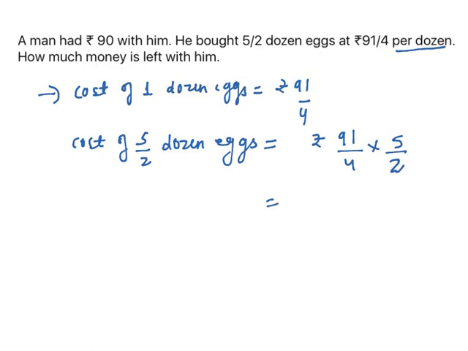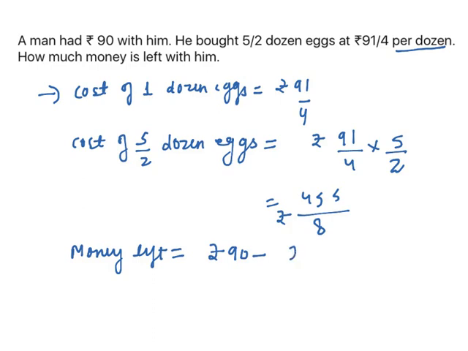We will multiply these two. 91 times 5 is 455 and 4 times 2 is 8. So the cost of 5 by 2 dozen eggs is 455 by 8. Now, in the question, he had 90 rupees and we have to find out the money left with him. He had rupees 90 and he spent rupees 455 by 8.